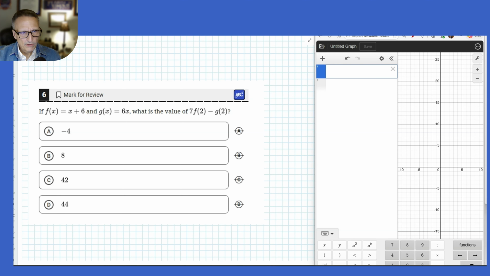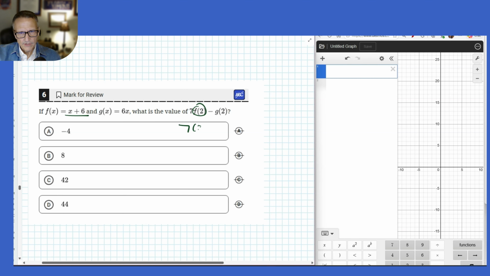The first one that I want to look at here is number 6. It's a very straightforward problem, but I did find several students that did end up missing this, and they really regretted it because it's an easy problem, right? It's number 6, so we expect this to not be too challenging. This says 7 times f of 2. I had students say, well, I wasn't sure what that 7 meant there. It's a 7 times, right? So you have to do f of 2, which would be 8.